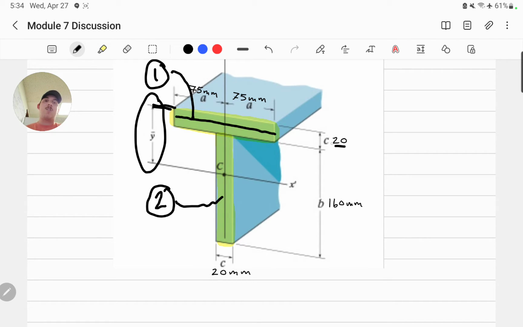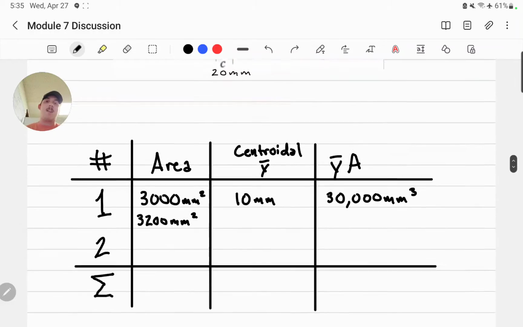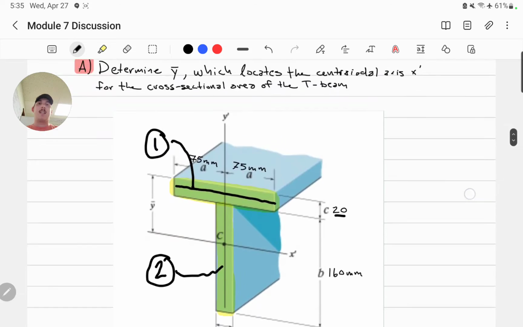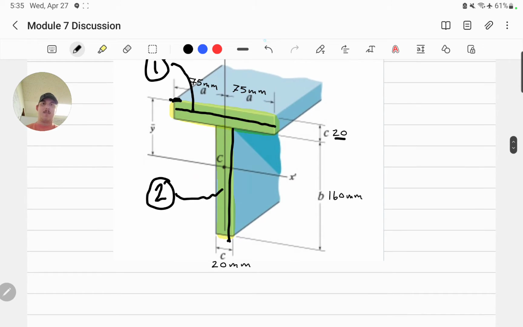So I also need to add 20 millimeters. 160 divided by 2 is 80, and adding the 20 millimeters gives me a total of 100 millimeters for my centroid, because from the top to here is 100 millimeters.